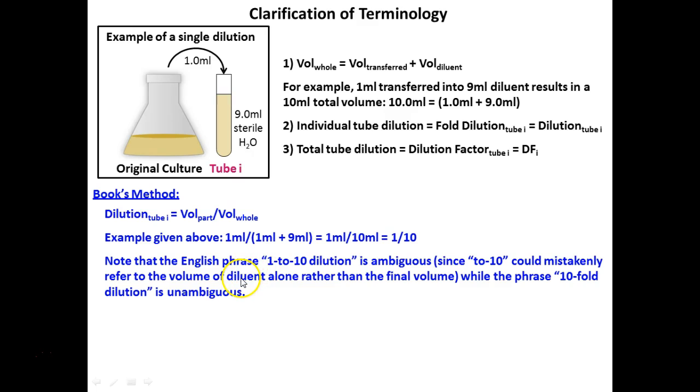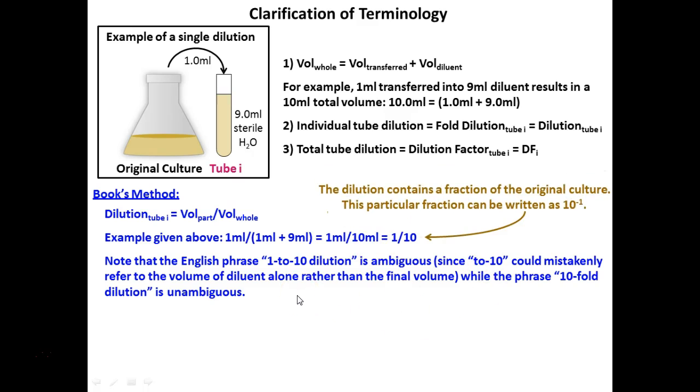A lot of people would say a 1 to 10 dilution, but this is somewhat ambiguous. So what Peter and I have done, and what sometimes scientists do, is we do it not as a fraction. We say 10-fold dilution, or a factor of 10.